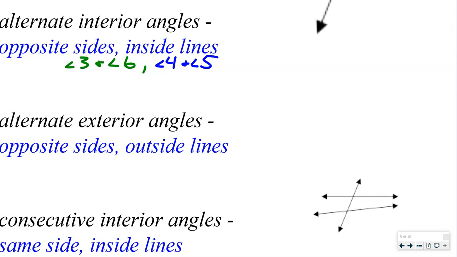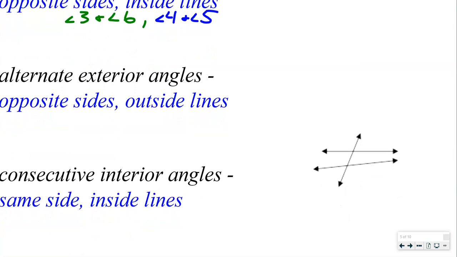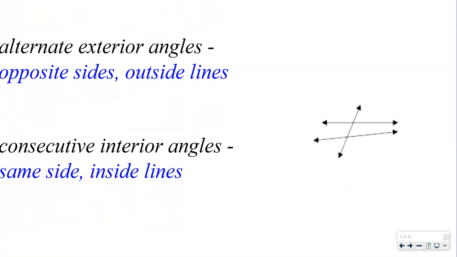Then we want alternate exterior angles. So actually we can use this image down here now. 1, 2, 3, 4, 5, 6, 7, and 8. Alternate exterior, so they're going to be opposite sides outside the lines.